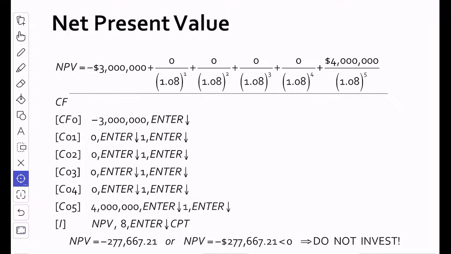Even though there's nothing happening in those periods, you need to tell the calculator nothing is happening. All right, so I expand the formula. In a test situation, you don't have to write all this, but I'm just demonstrating what is happening here. So in the CF keys, you begin by pressing the CF key to open the worksheet, and then begin to enter your amount.